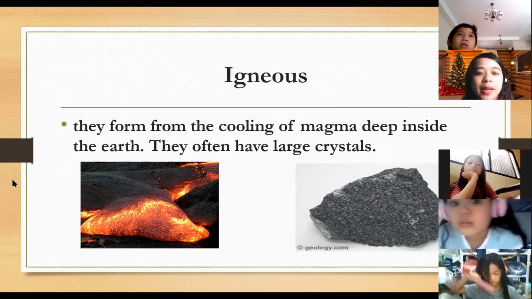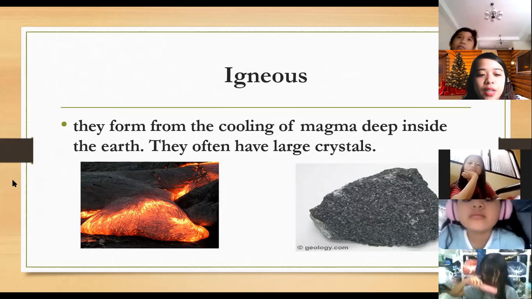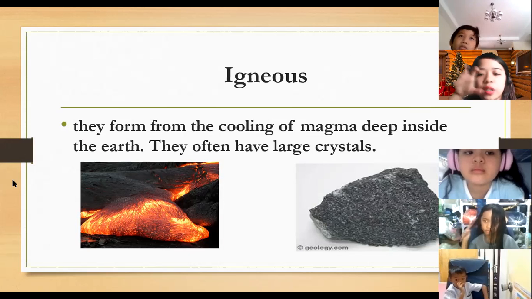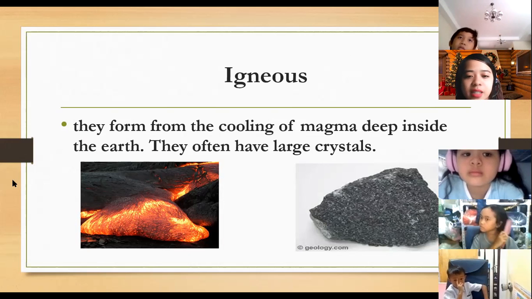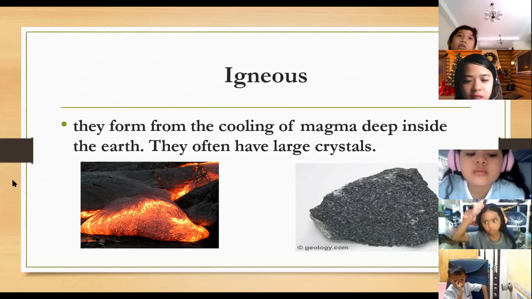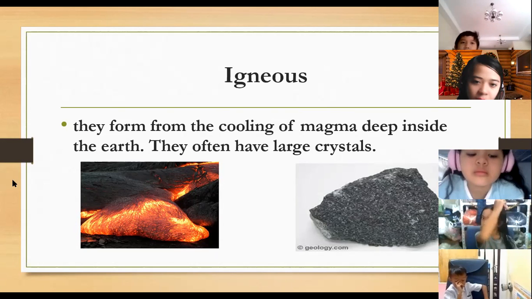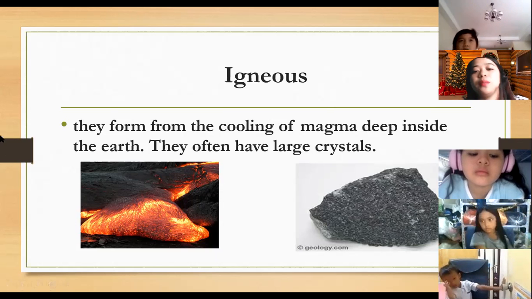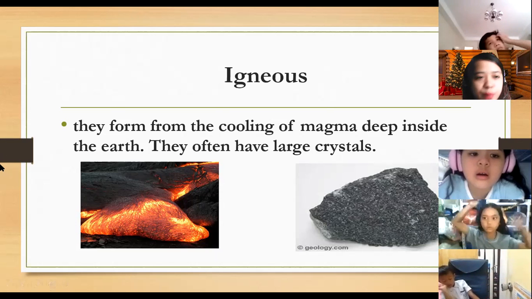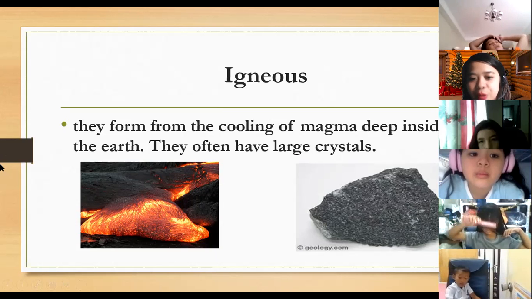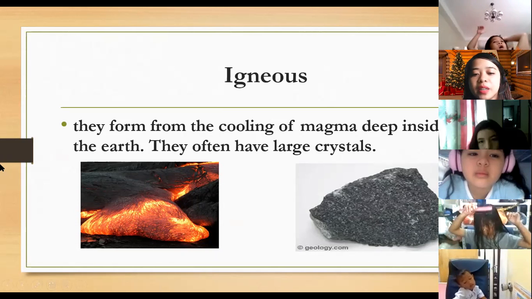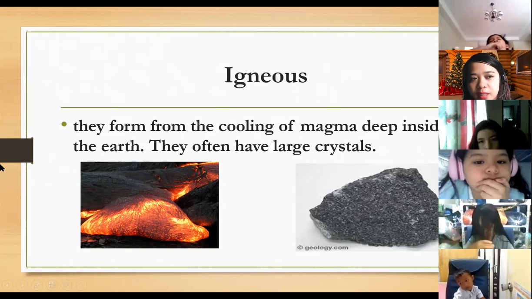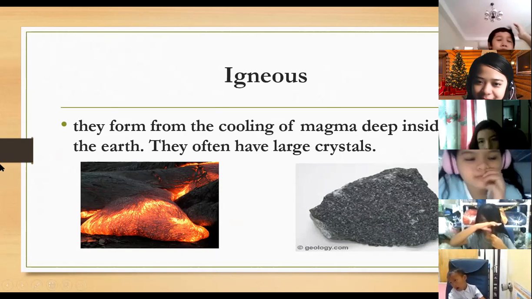Okay, by the time people actually collect the igneous rock, it's not magma anymore, it's not lava anymore. It's already a rock itself. People pick it up in the deepest part of the ocean, near the volcano, or near the place where it has been cooled down and forms into an igneous rock.